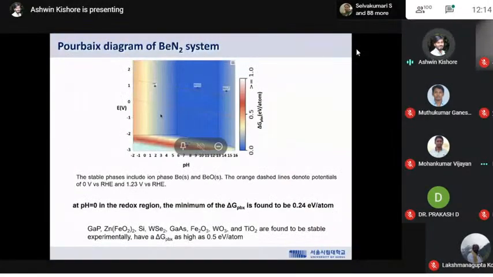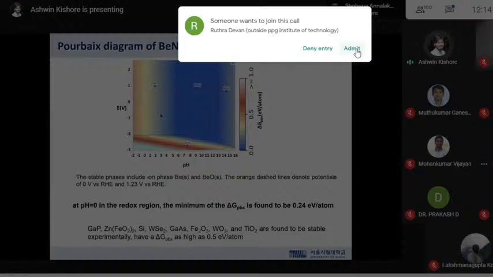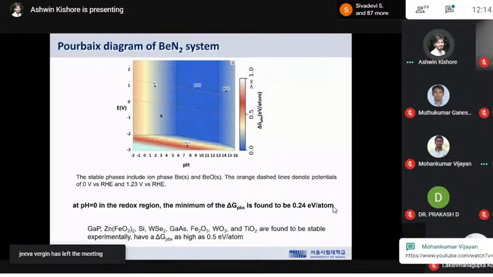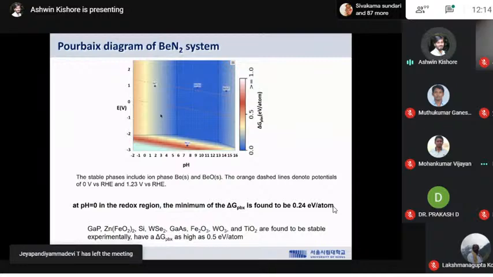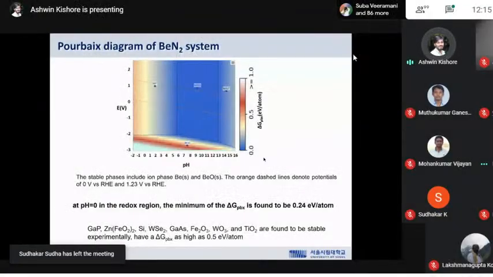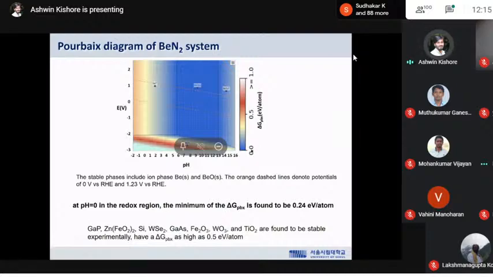Another important factor is to check that the material is stable against photocorrosion, because when you have the material in an aqueous environment and you pass light, it can corrode. To evaluate the photocorrosion, we have calculated the Pourbaix diagram. This diagram shows that if the Gibbs free energy of the Pourbaix value is 0, the material is stable.